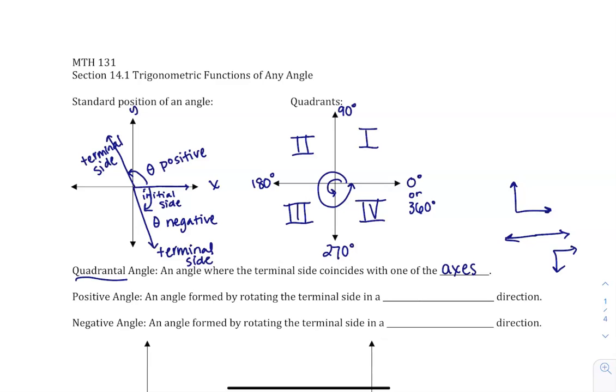And then with positive and negative angles, we'll note here that a positive angle is formed when you go in a counterclockwise position. So it might seem a little weird at first, but when you're opening up your angles, you are traveling in that counterclockwise direction. Negative angles are formed when you rotate in a clockwise direction.